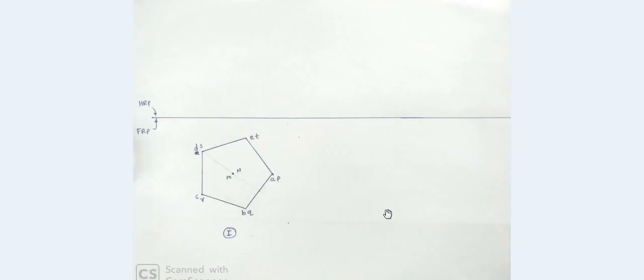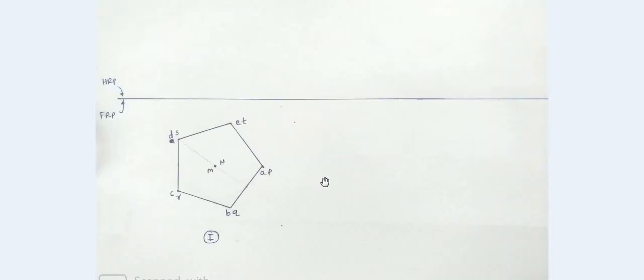Now we'll see that step. So this will be our first step, drawing the simple position top view. As we have seen, in the top view there would be a pentagon of side 25 mm. Again, there are n number of ways we can draw a pentagon at this location, but we have to draw that pentagon in the correct orientation, and the orientation is decided by the properties of the problem.